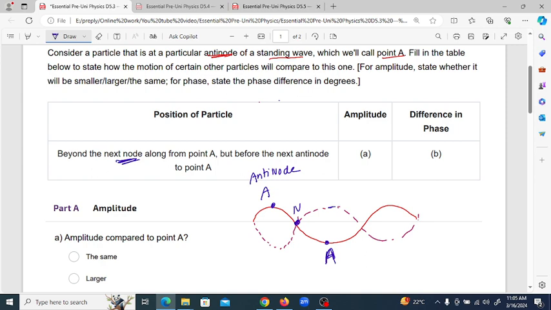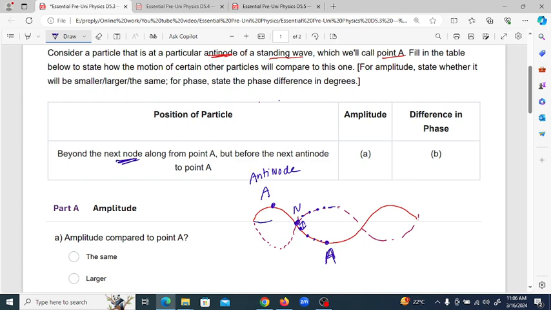So beyond the next node, you can see that here I draw the amplitude beyond the next node. So we have a point A and the next node is N. So beyond that node to before the next antinode, we have these points. So these points have amplitude. Amplitude is measured from the equilibrium position.